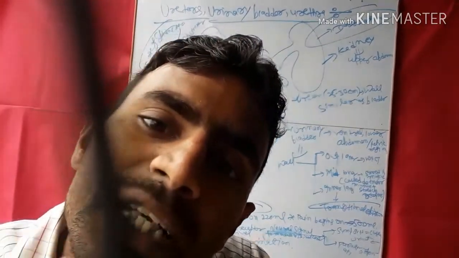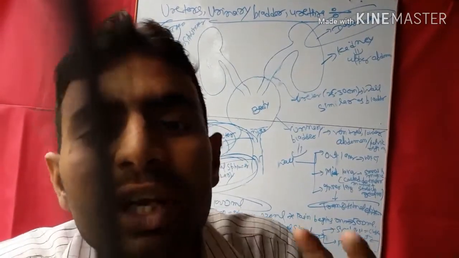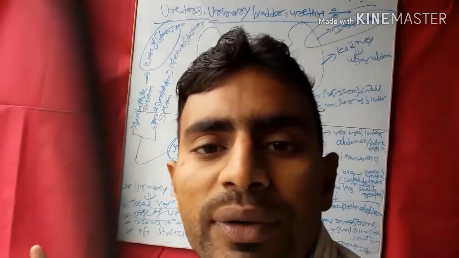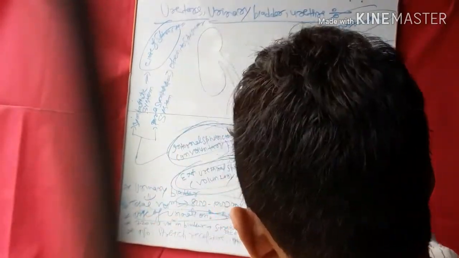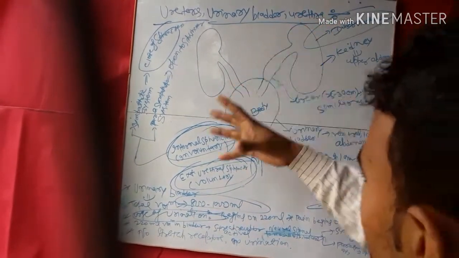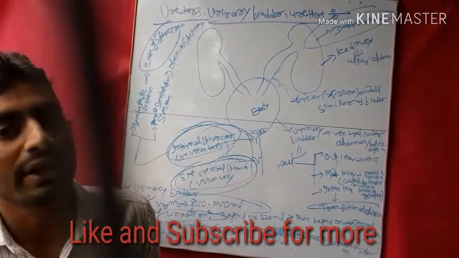When 220 milliliter of urine is in the urinary bladder, then the urge of urination starts. And pain begins at 500 milliliter.